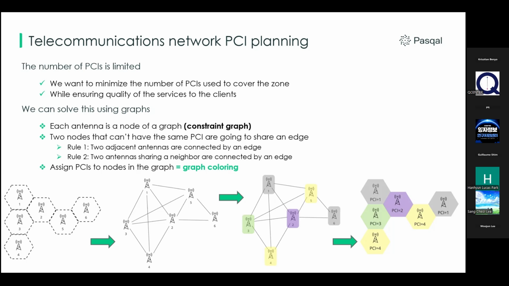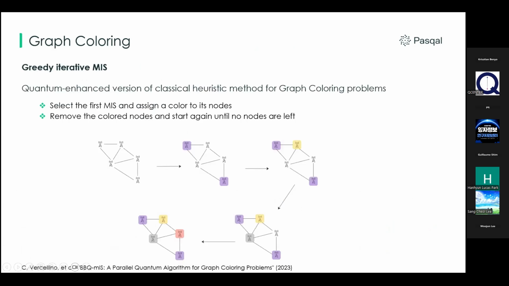So each color represents a unique identifier. If you're able to color with a minimal number of colors such that no two neighbors have the same color, then that coloring gives rise to a good enough allocation of these physical cell identifiers.